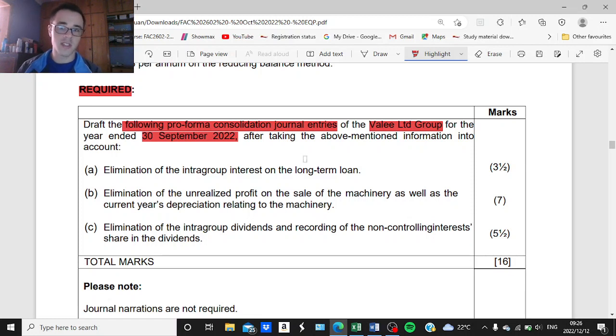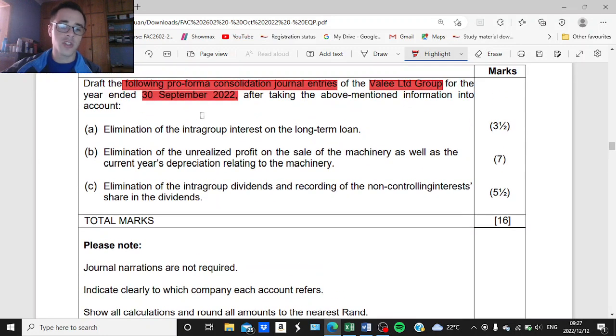Now, you should notice from previous lessons where I have specifically addressed pro forma consolidation journal entries, the order in which the pro forma consolidation journal entries are asked will be in the same order as the given information. So, in context of this question, the first journal entry requires us to eliminate intergroup interest on the long-term loan.